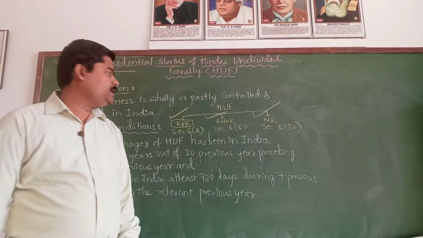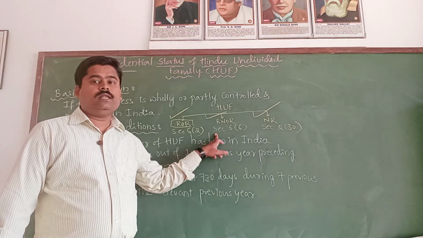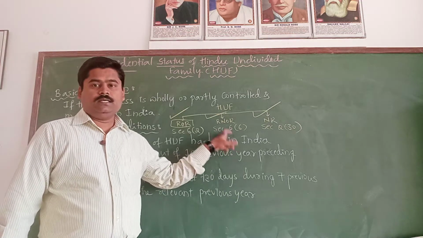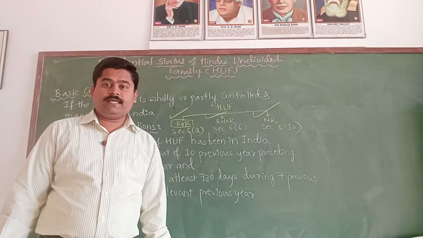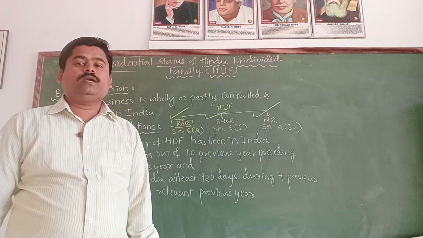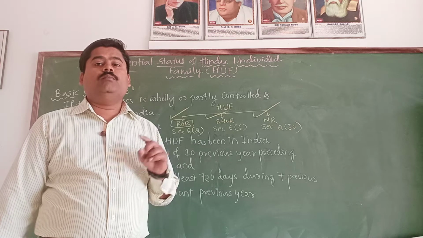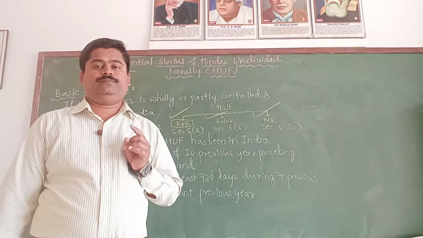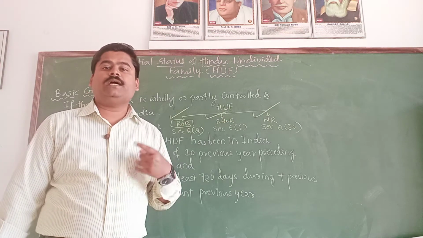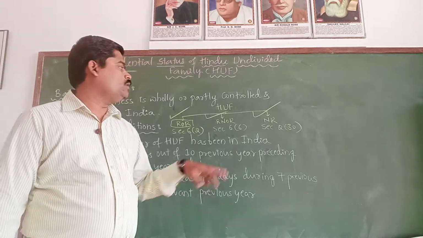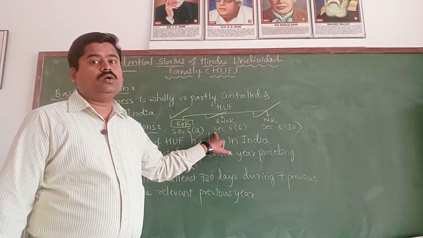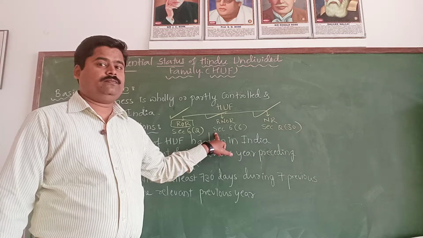And the second is resident, not ordinarily resident. Section 6 subsection 6 states that when the HUF satisfies the basic condition but does not fulfill both the additional conditions, then it is so called as the resident, not ordinarily resident.